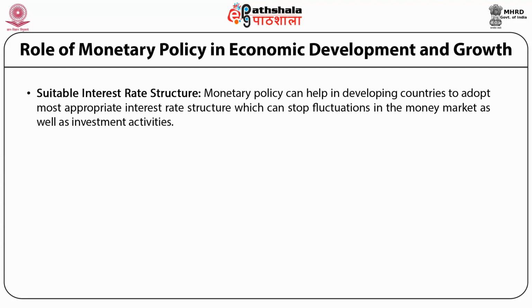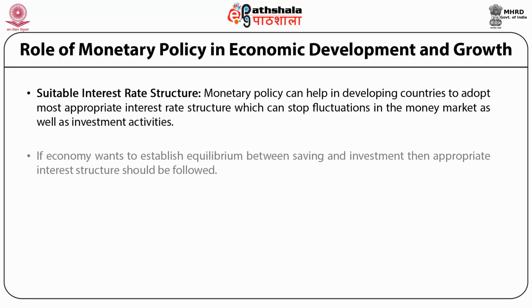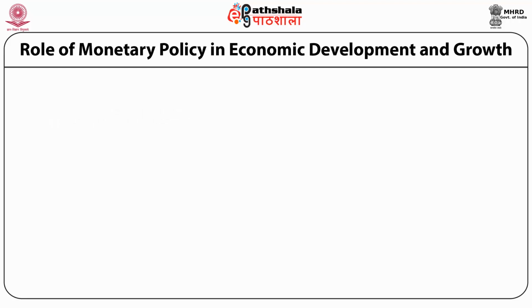Monetary policy can help developing countries to adopt the most appropriate interest rate structure, which can stop fluctuations in the money market as well as investment activities. If the economy wants to establish equilibrium between saving and investment, then an appropriate interest structure should be followed.